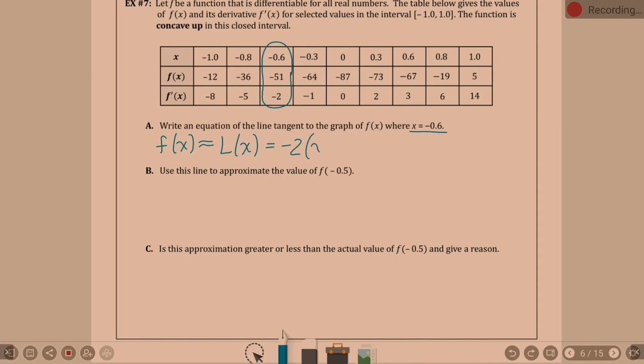Parentheses. x minus, plus x minus -0.6, so it becomes plus 0.6, and then minus 51. Okay? So there's basically our tangent line. There's our linearization. Use this line to approximate the value of f of -5/10.